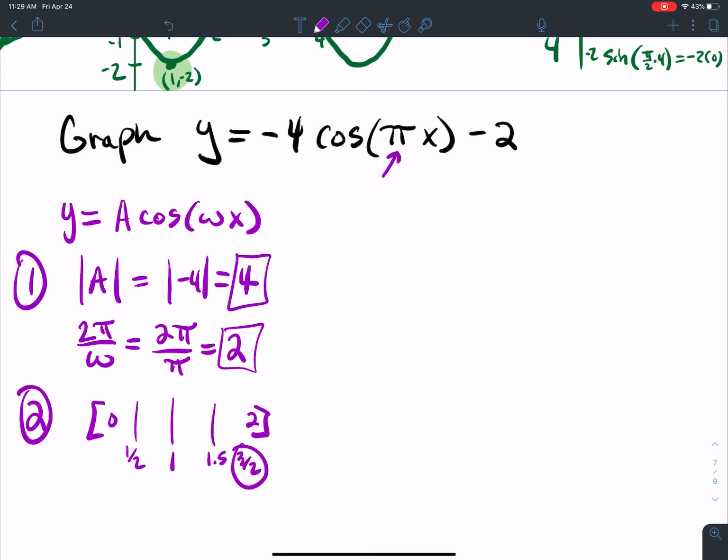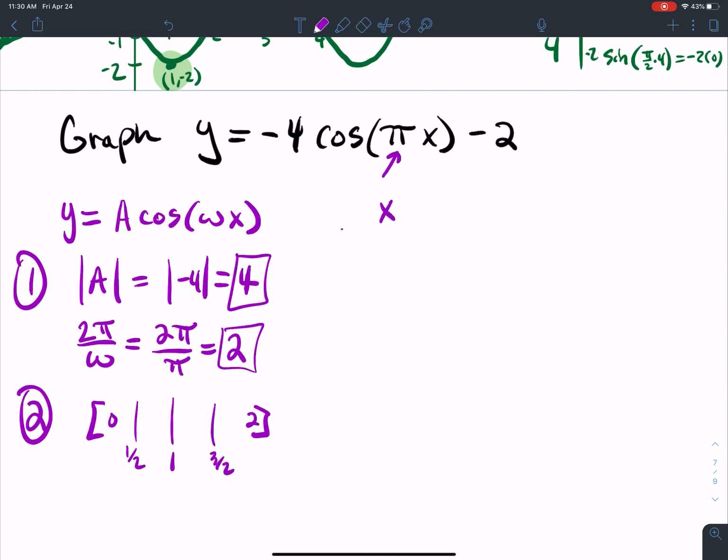All right, so I guess I could delete that decimal. Now, it's a little bit trickier here because we've got this -2 thrown into the mix, but we can still get our points from our table.